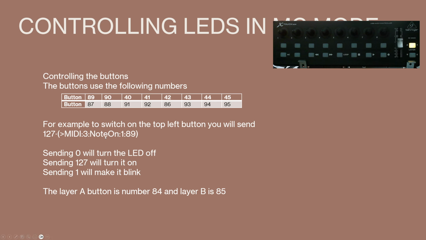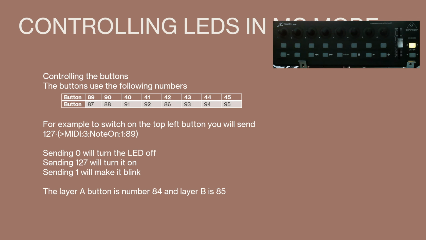The LEDs, same sort of idea. We're going to send a note on rather than a CC, and we're going to send a value across to it. The values are different. Sending a 0 turns it off, and sending a 1 makes it blink. To make it turn on, we have to set this value to 127. There's no values in between.